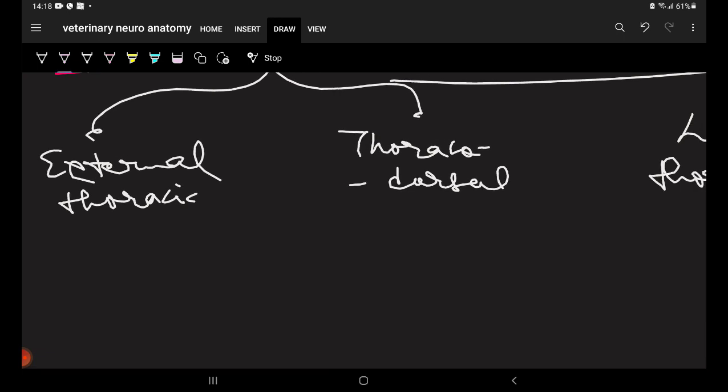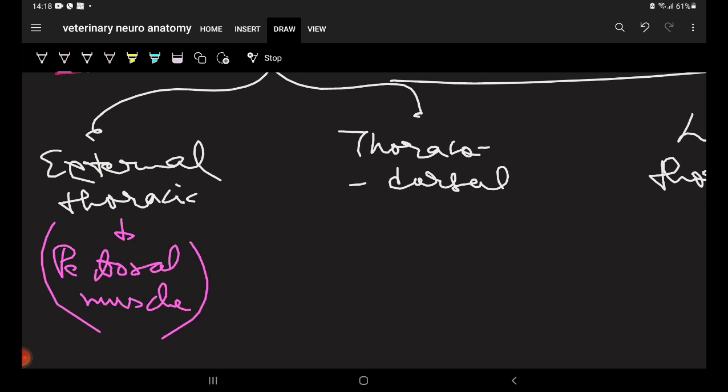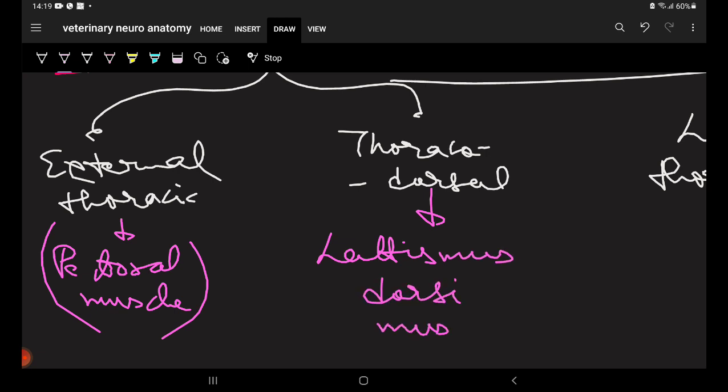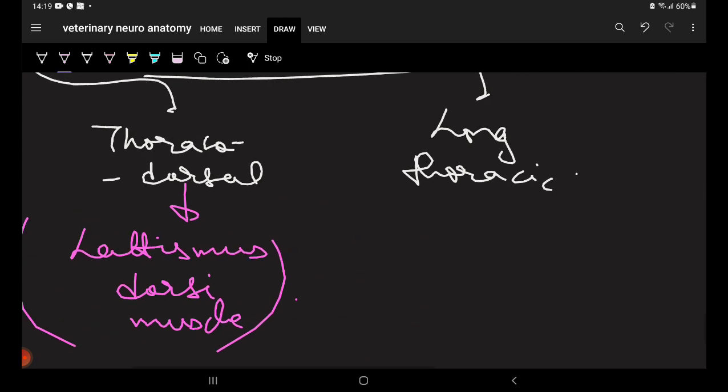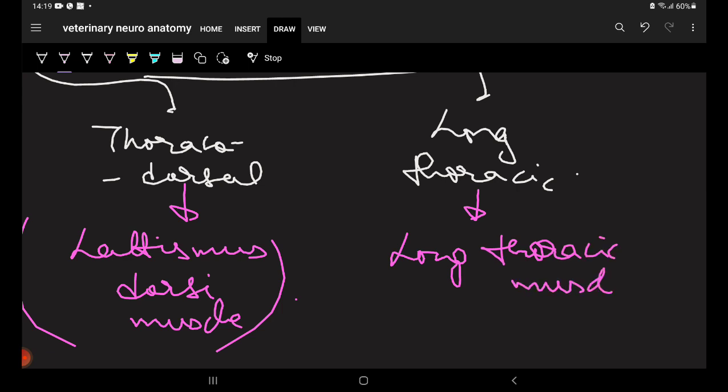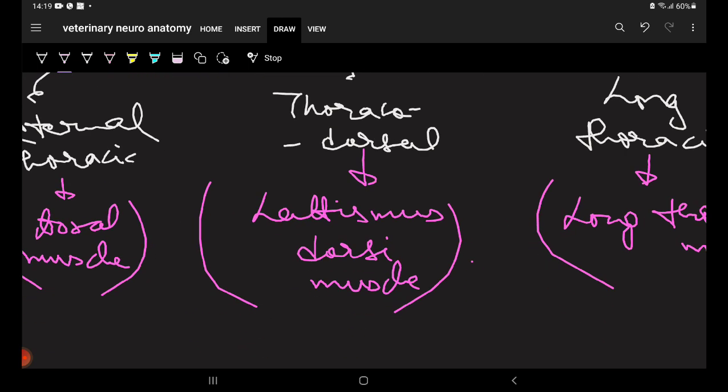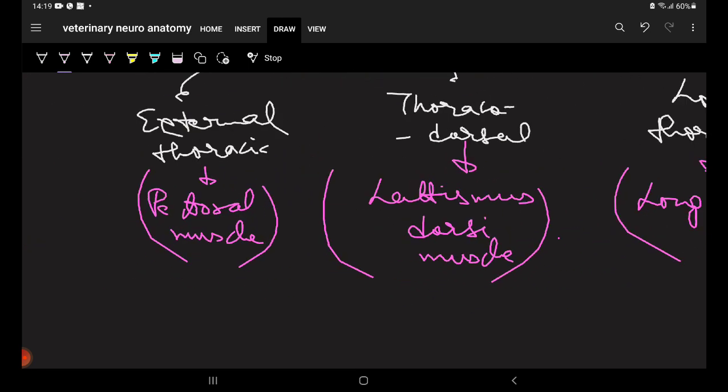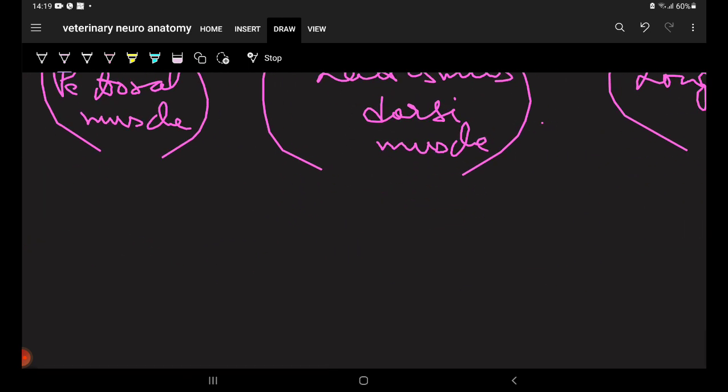So external thoracic supplies the pectoral muscle, thoracodorsal supplies the latissimus dorsi muscle, and long thoracic supplies the long thoracic muscle. So this is about the third one, and next we move on.